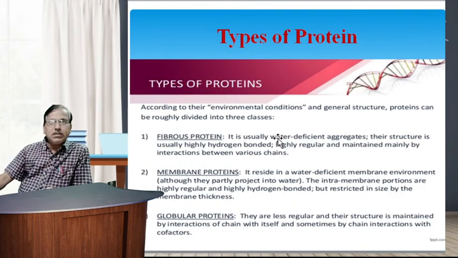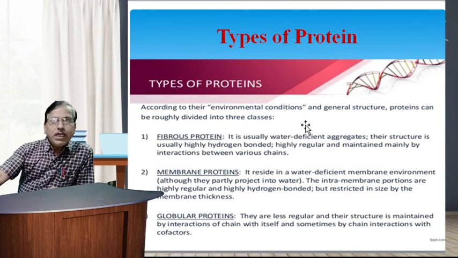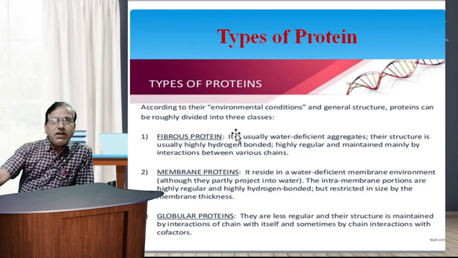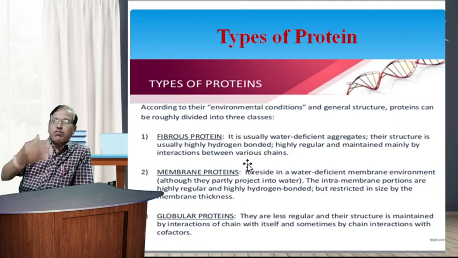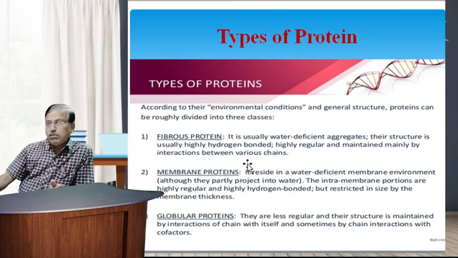According to environmental condition and general structure, proteins can be roughly divided into three classes: fibrous proteins, membrane proteins, and globular proteins. These are specific categories of proteins also used in different parts of the living organism's body.